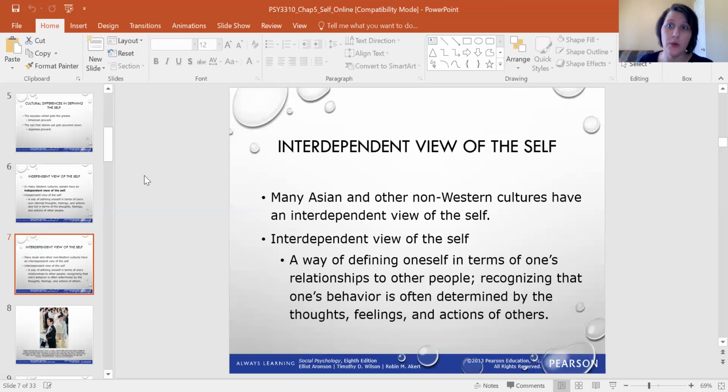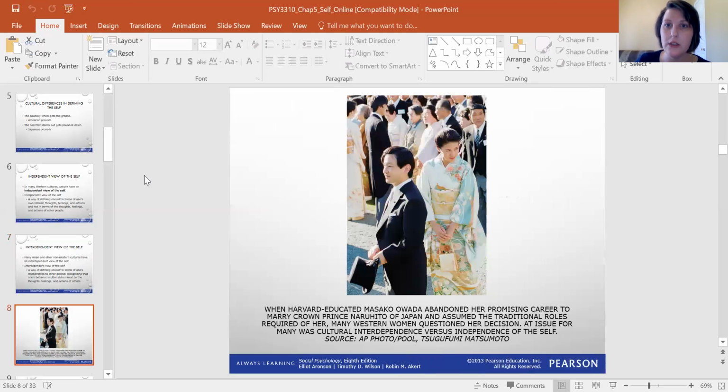For example, Southwest Virginia, we actually see a lot more interdependent people, or people viewing themselves in an interdependent way than independent. And so it can vary based off of area. Okay, so it's not specific. It doesn't mean that every single person in the US is this way. And of course, not everybody in an interdependent view culture views themselves in that way.